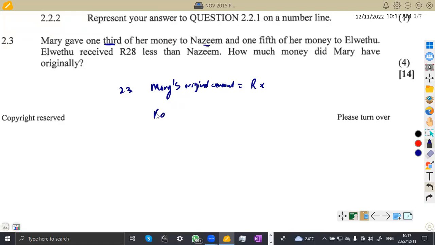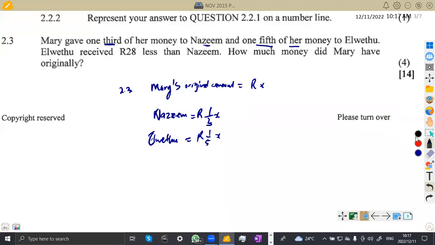So this one got 1/3 of X, which is 1/3X. Then 1/5 of her money to Eletu. So Eletu here received 1/5 of the amount.